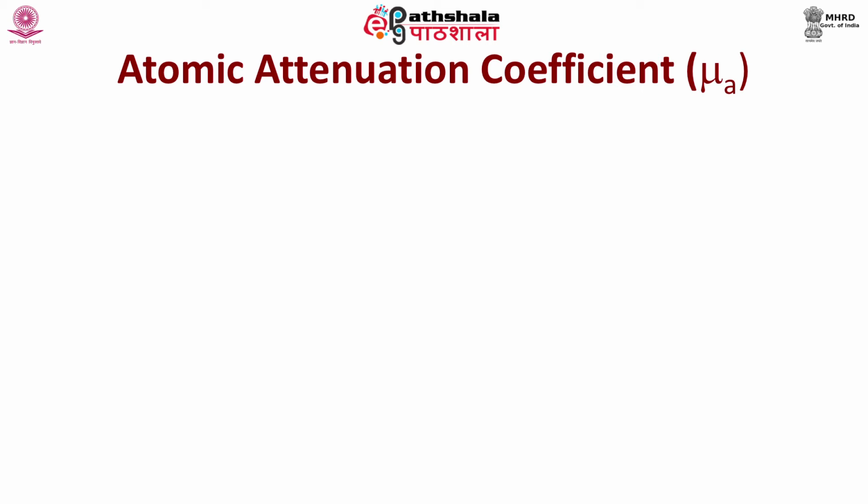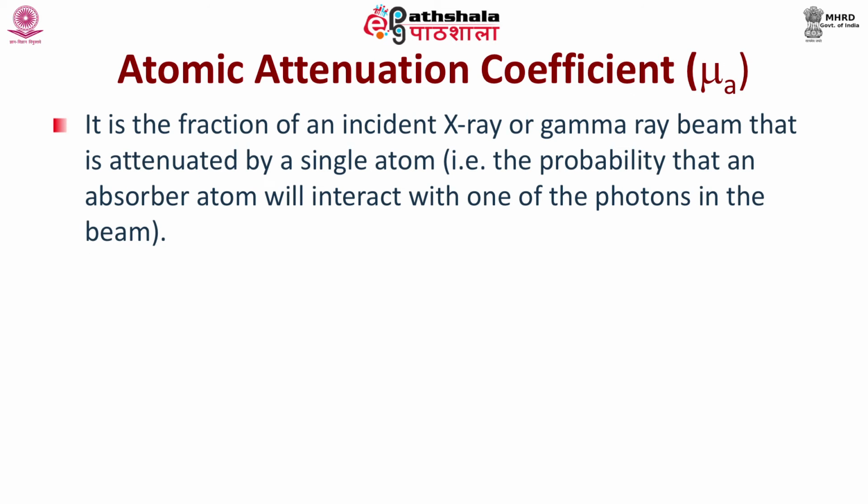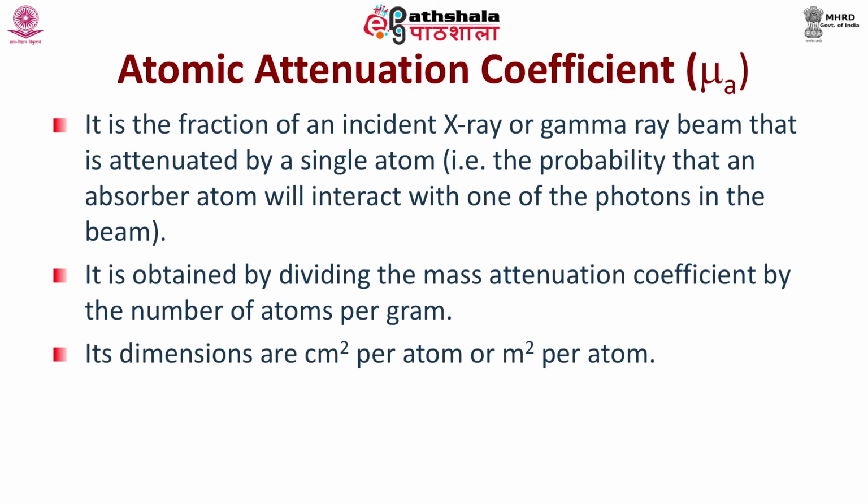The atomic attenuation coefficient is the fraction of X-ray or gamma photons that are attenuated by a single atom. This coefficient is obtained by dividing the mass attenuation coefficient by the total number of atoms. The dimension for the atomic attenuation coefficient is meter squared per atom or centimeter squared per atom.